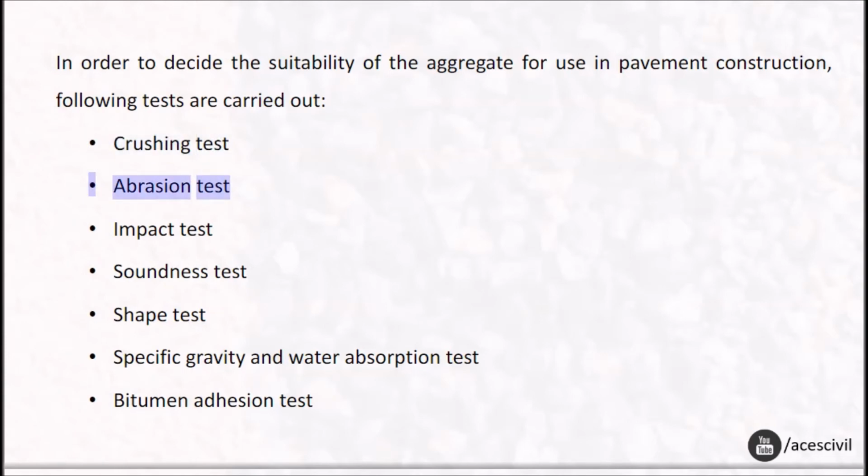Abrasion test. Impact test. Soundness test. Shape test. Specific gravity and water absorption test. Bitumen adhesion test.